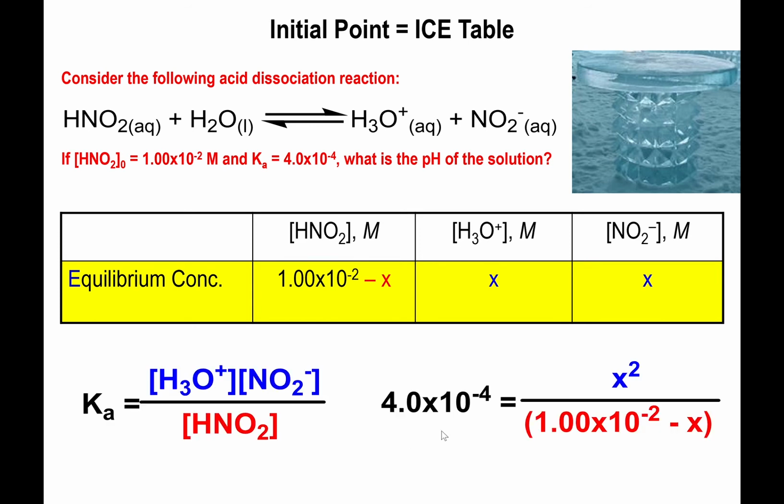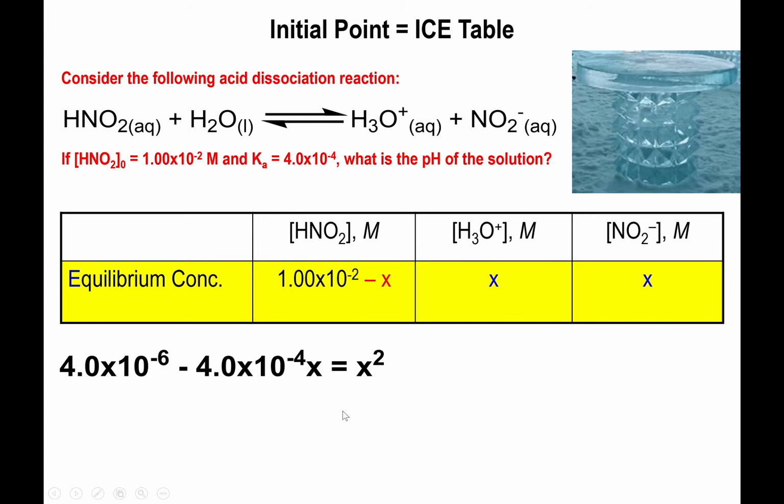Here, if you divide 10 to the negative 2 by 4 times 10 to the negative 4, unfortunately, you will not get a value greater than 400, so we have to keep the minus x. So we're going to cross multiply both sides by 10 to the negative 2 minus x to yield the following equation. We add 4.0 times 10 to the negative 4 x to both sides, and we subtract 4.0 times 10 to the negative 6 from both sides to yield the following quadratic setup for the quadratic formula.